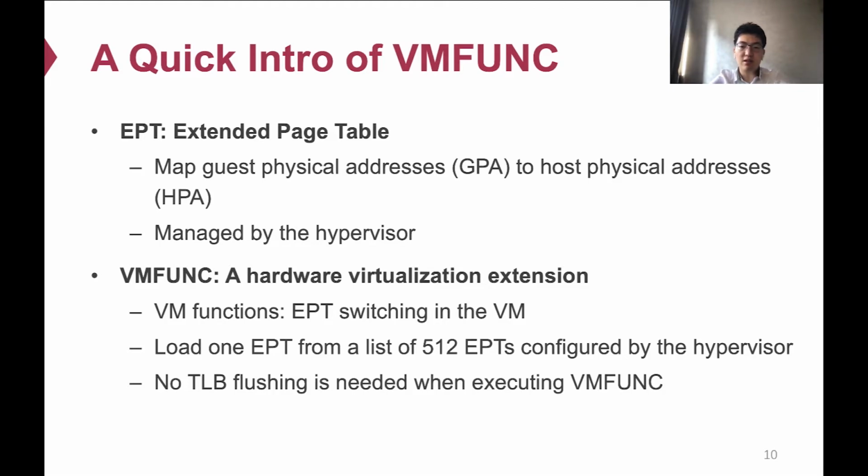The hypervisor manages the VM's EPT. VMFUNC is a hardware instruction allowing the guest VM to directly load a new EPT. The loadable EPT can only be chosen from a list of EPTs, up to 512, configured by the hypervisor.